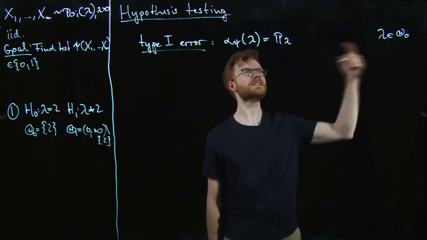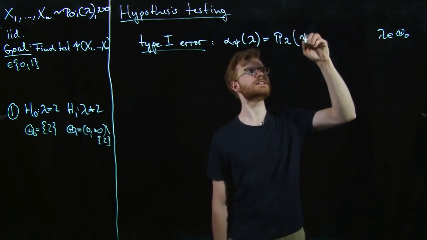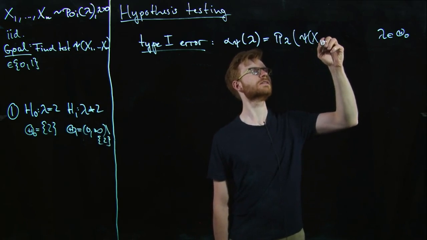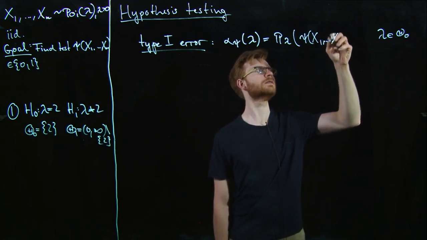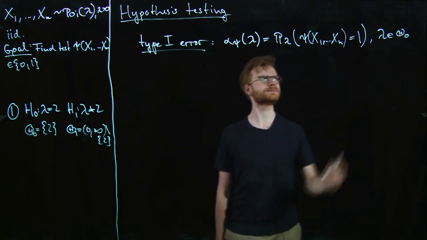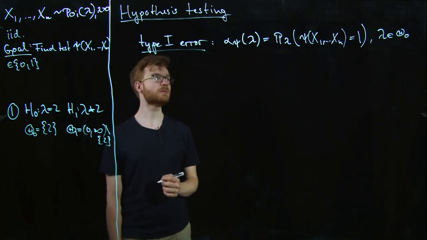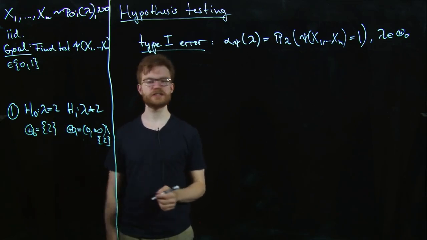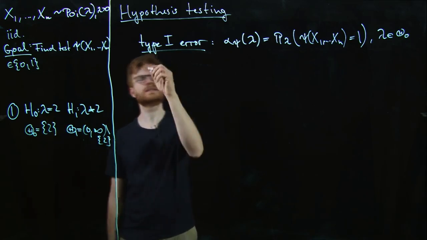OK, so if I have lambda in theta 0, then this is the probability that my decision rejects the null hypothesis. That is the probability that I say I do not think H0 is true, while in fact it is.